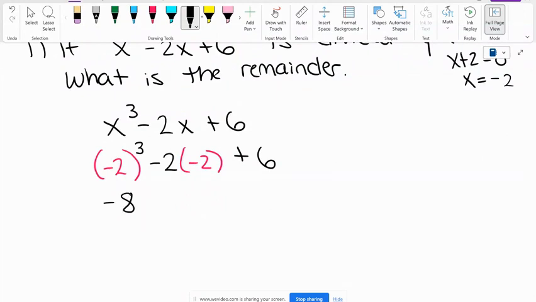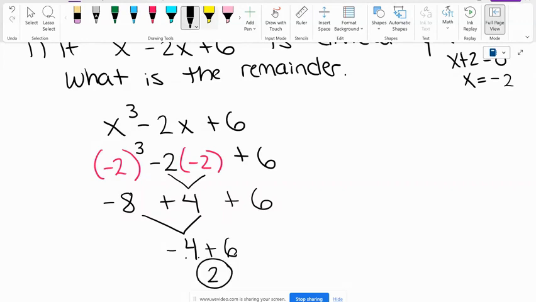Then we're going to have a negative 8, and then a negative 2 times a negative 2 is a positive 4, and then a positive 6. Negative 8 plus 4 is a negative 4. Negative 4 plus 6 is a 2. When we did this problem on our own, didn't we figure out the remainder to be 2? So this is what the remainder theorem tells us. How can this help us? Let me show you.